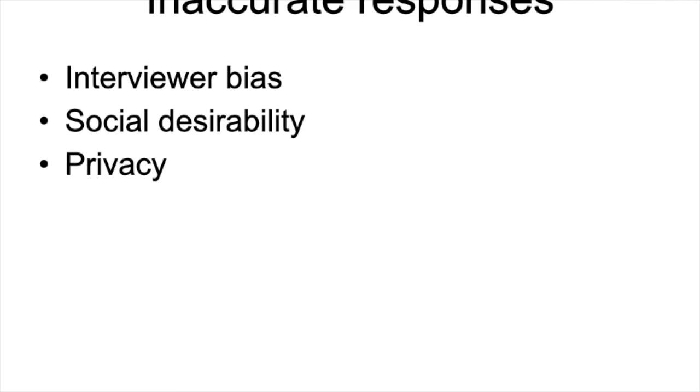Right? So this social desirability is going to change how people answer, even if they could answer more accurately. And then sometimes people will either give no response because they are trying to protect their privacy, or they will give a dishonest response if they believe that the question is sensitive.